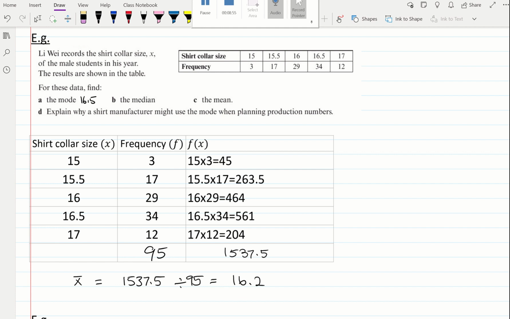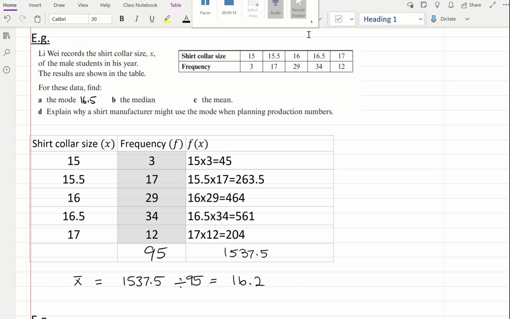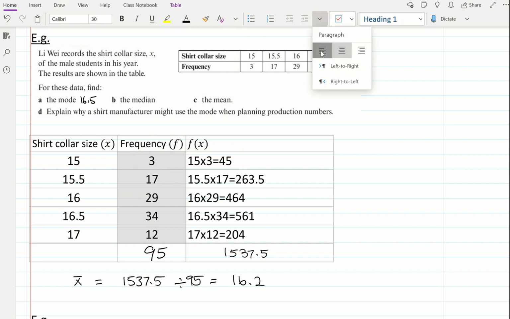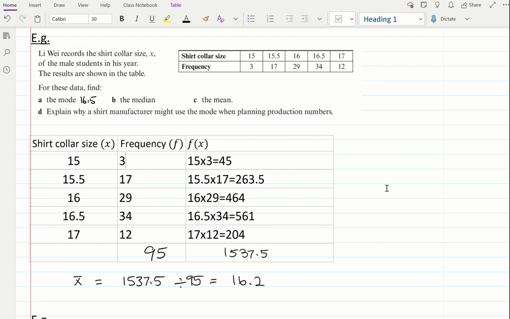The median requires a cumulative frequency column. Sometimes the easiest thing to do for cumulative frequency is either to do it with your calculator, or if you've got your own table and you want to, let's move these over there. It's just to use that column, really.